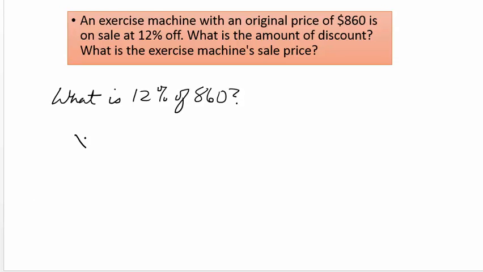Right? So that's x equals, what is becomes x equals 0.12 times 860. And that's how easy that problem is. Well, let's take 0.12, which is 12 100ths, times 860. We get 103.20, $103.20.